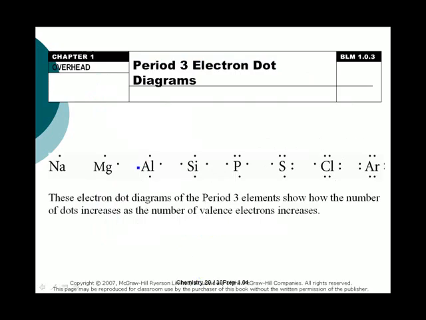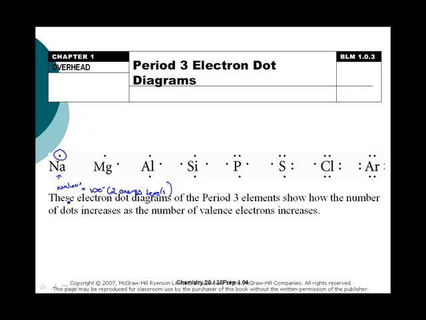So here's an example of what some electron dot diagrams look like. Again, here's a sodium dot diagram. So you use the sodium symbol, and this represents the nucleus. The first 10 electrons are in the first 2 energy levels, because those don't participate in bonding, and so we only show the 1 valence electron.